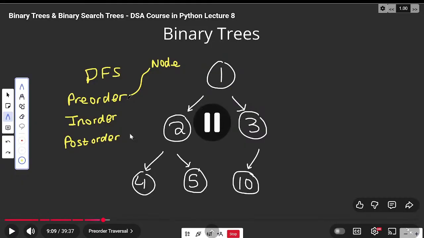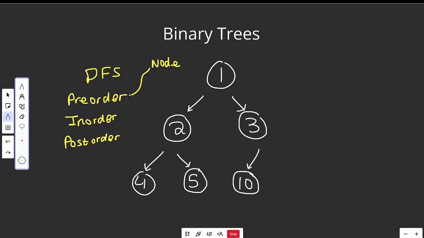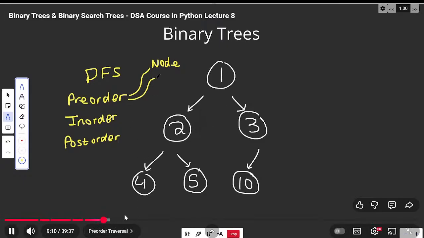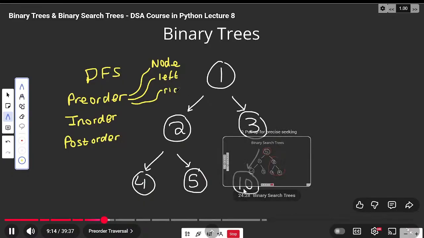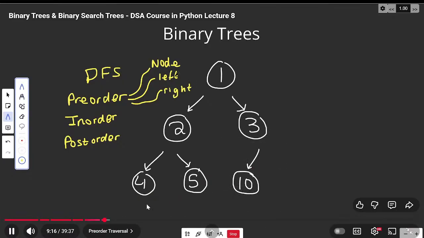So we process the node itself first, then you process its left thing, and then you process its right side. Okay, so you first do the node, then the left, then the right.